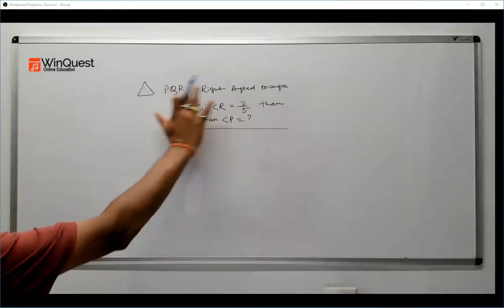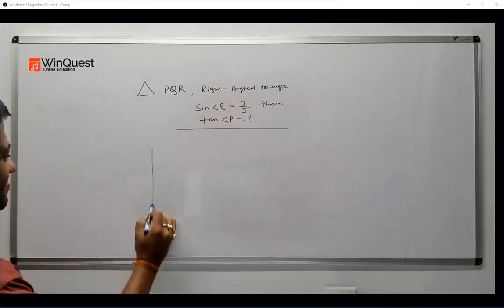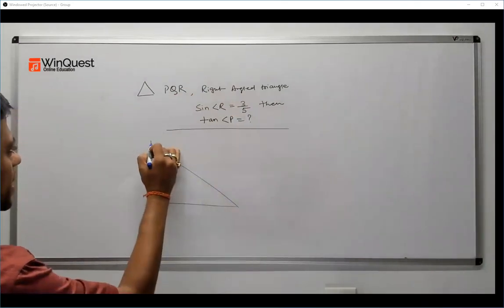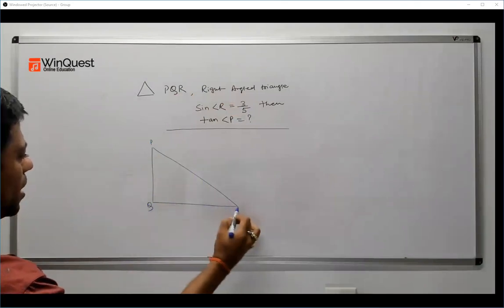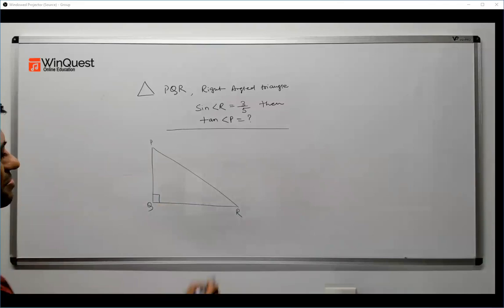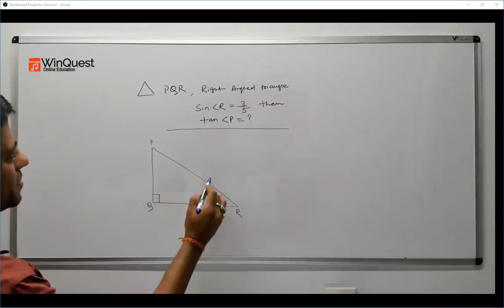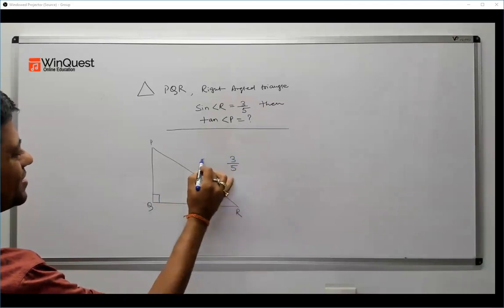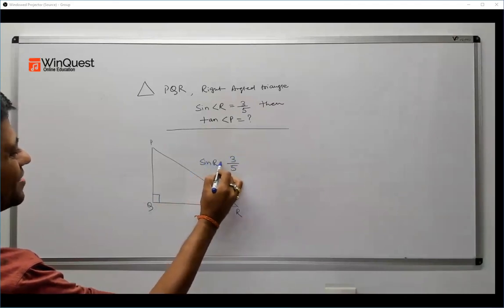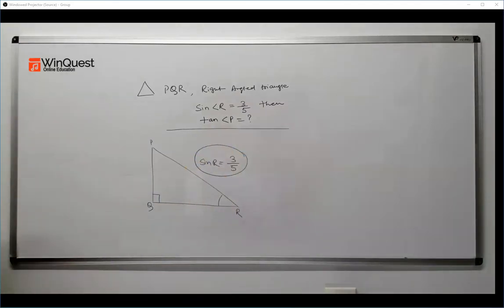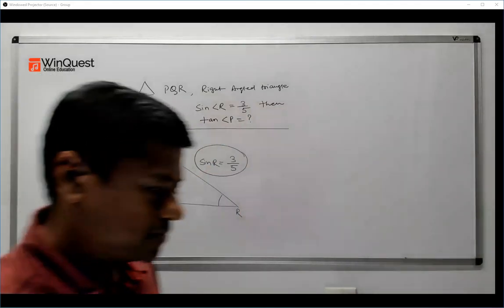They have told us it is a right angle triangle PQR. Sine of angle R has been given as 3/5. Then what is tan of P? That is the question being asked.